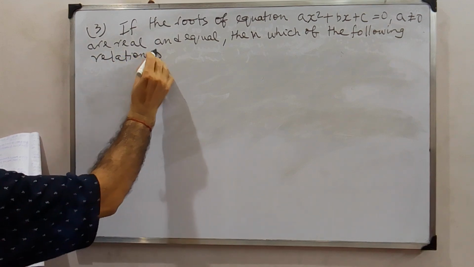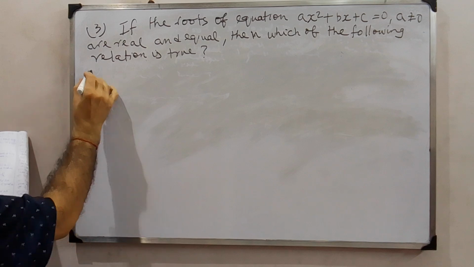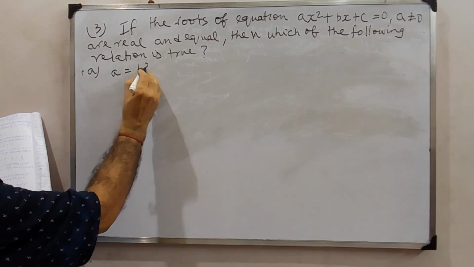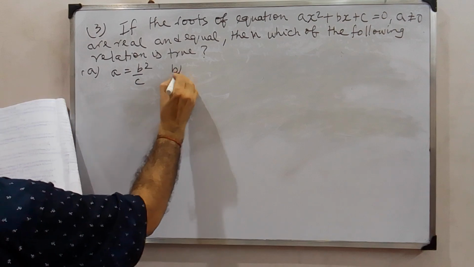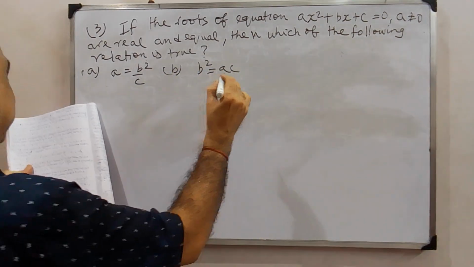Choice A is a equals b squared by c. B is b squared equals ac.